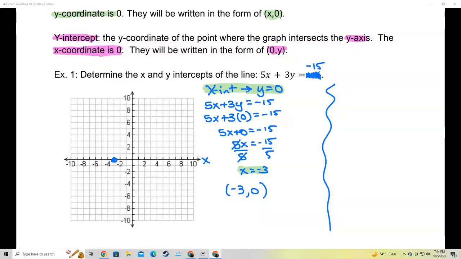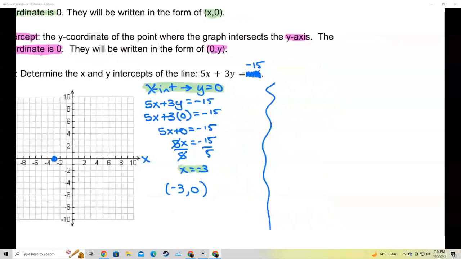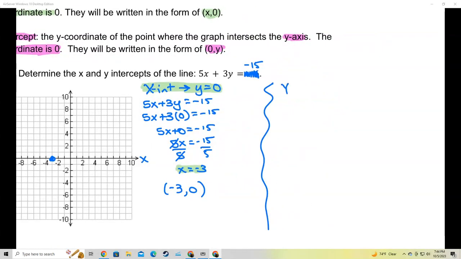All right, let's go ahead and do the next one. I want to find my y-intercept. If I am finding a y-intercept, then I know that my x value must be 0. Let me go ahead and highlight that. If that is the case, then I can go ahead and start writing my formula.